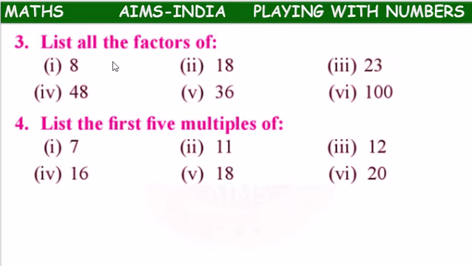Next one. List all the factors of 8, 18, 23, 48, 36, 100. I'll do it for 48, children. Remaining you have to do as homework. So let's find factors of 48.